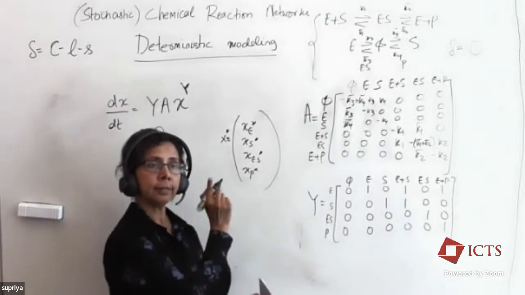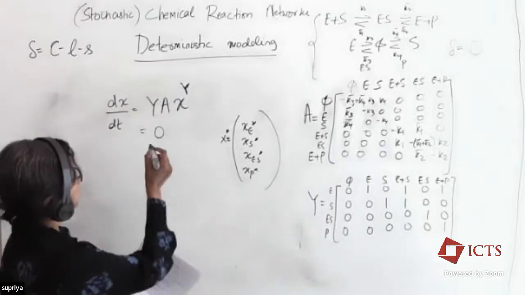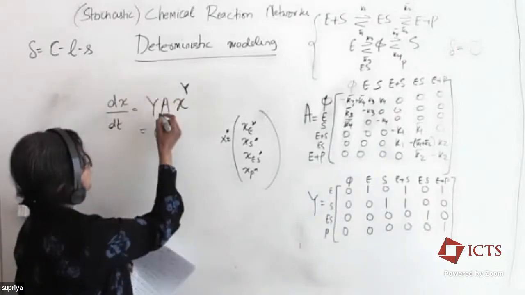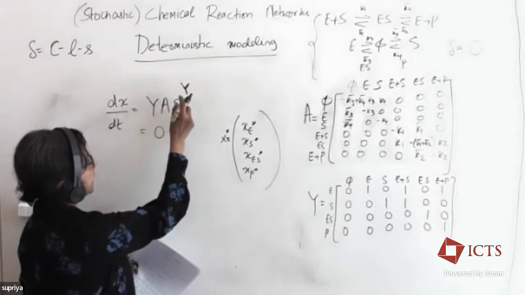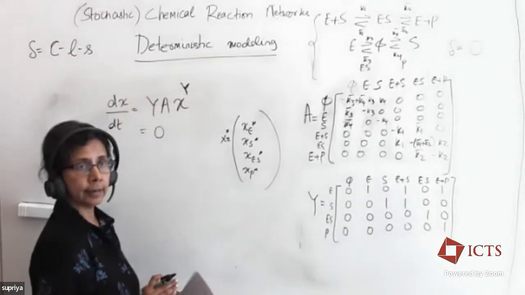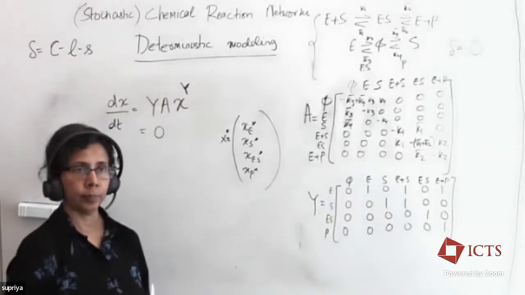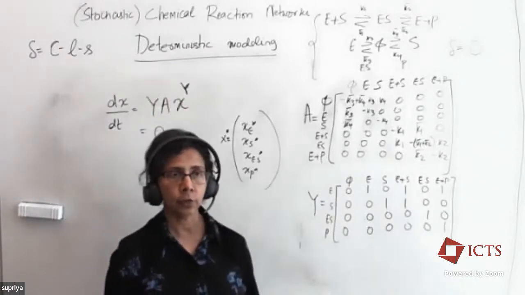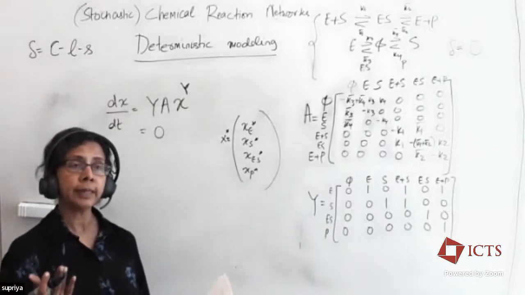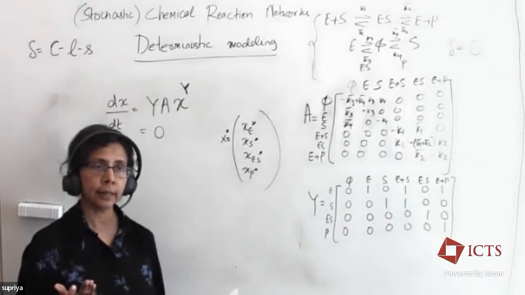Because what is this telling you? So I asked you to think a little bit about this yesterday. If y times a times something is equal to 0, where y and a are matrices, there are only two possibilities this can happen.